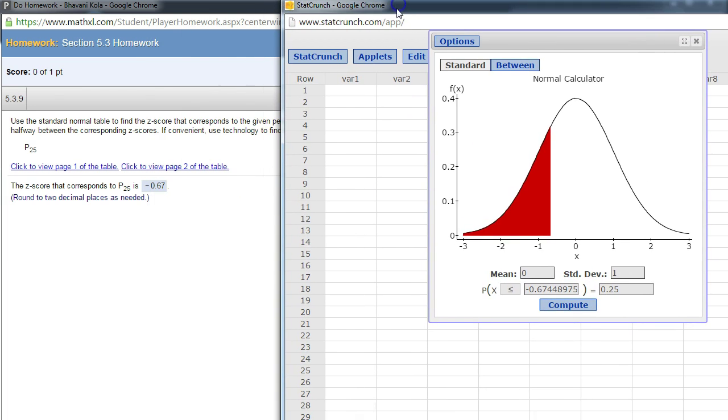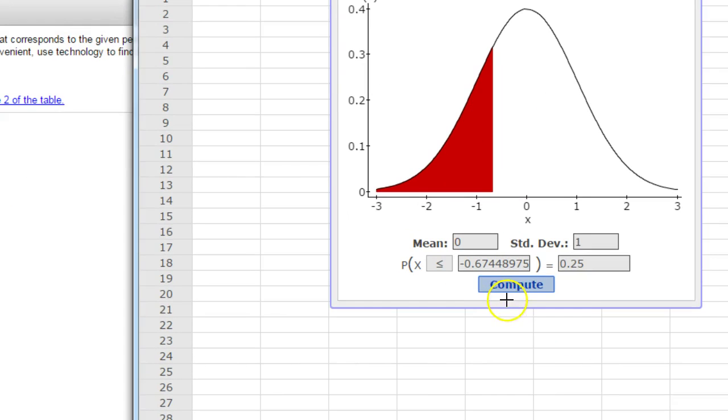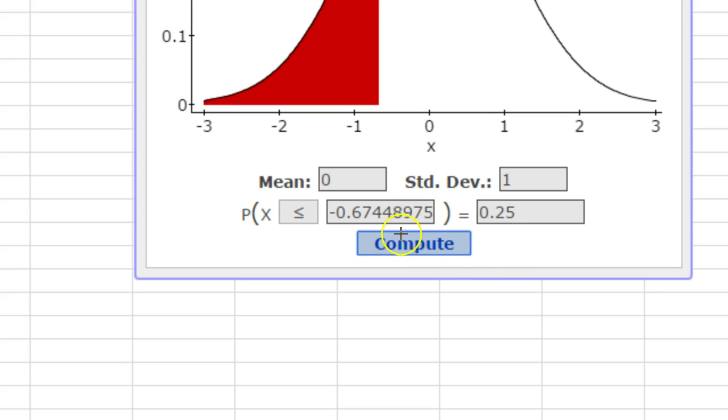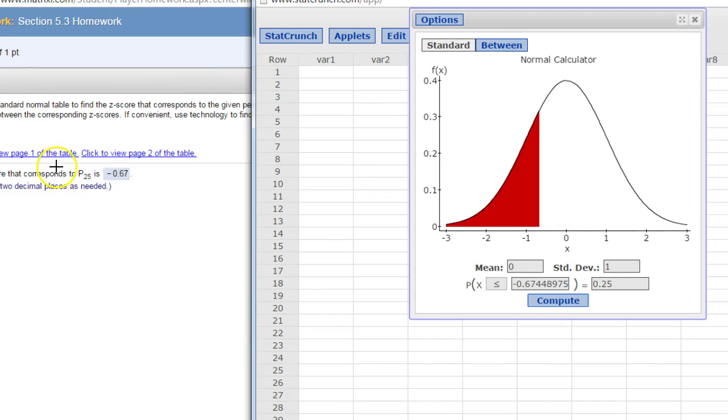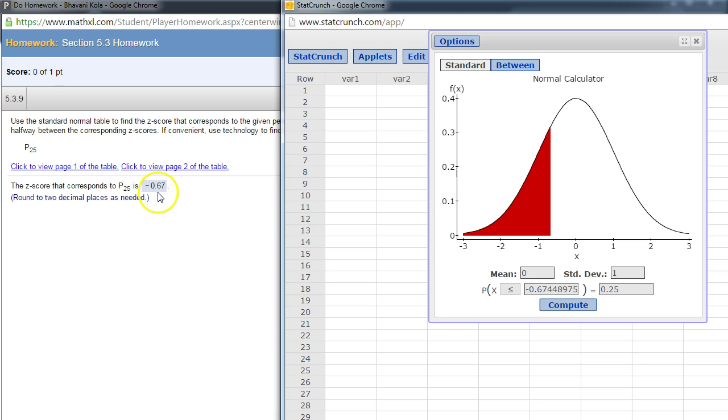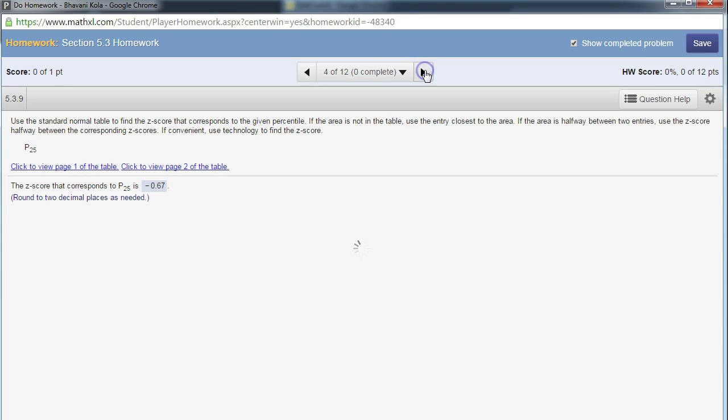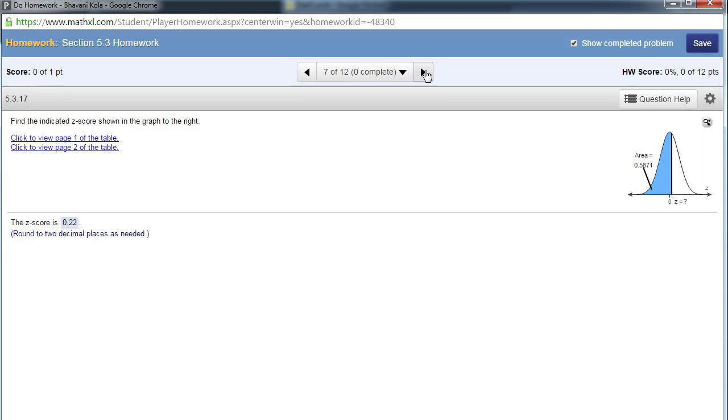And what I get here is 0.674489, and that matches exactly with the z-score of the curve for the area 0.25. Now this is the 95th percentile, this is the 33rd percentile. It's pretty much the same way that we did.